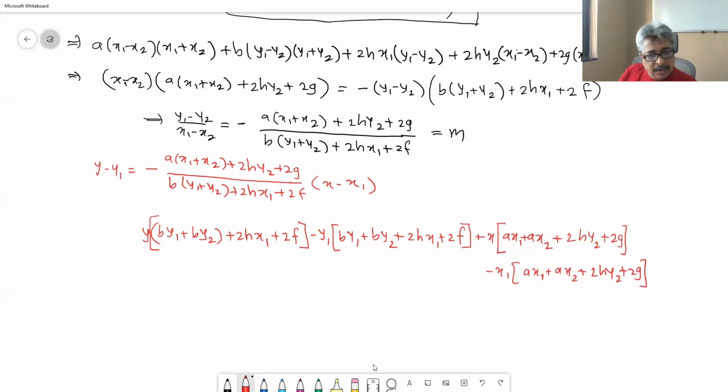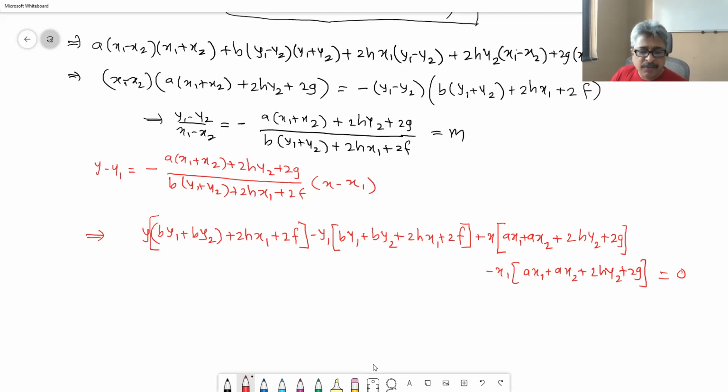Okay. Therefore, now nothing is in the denominator, everything is in the numerator, and is equal to 0 is our equation we are looking for, but it is looking very bad. Let us make it look good.